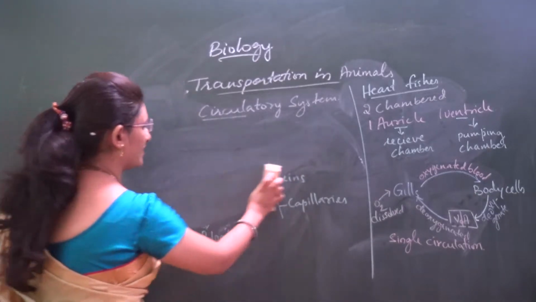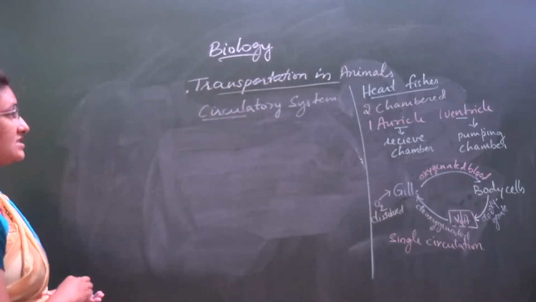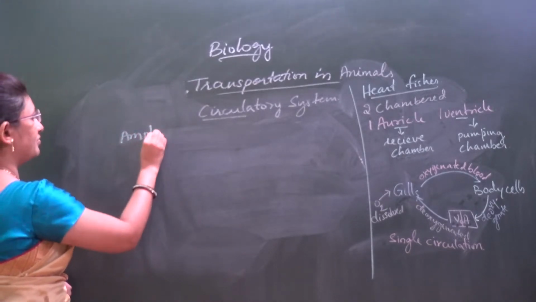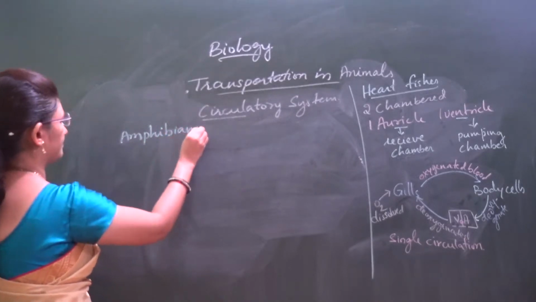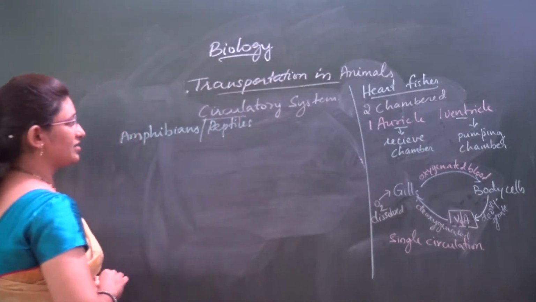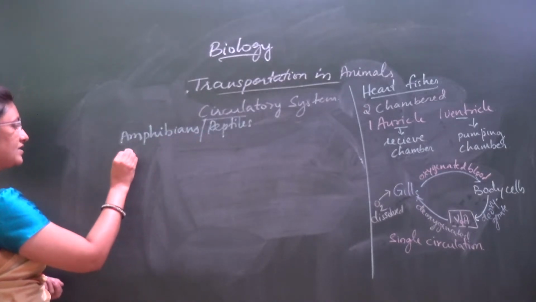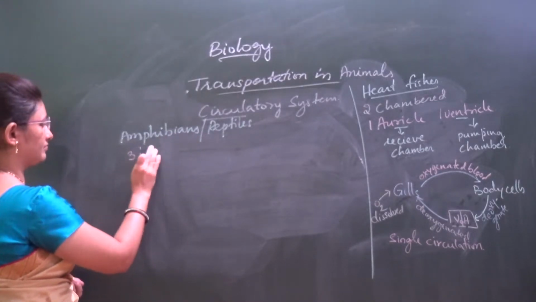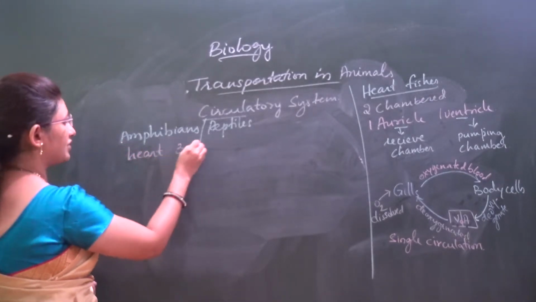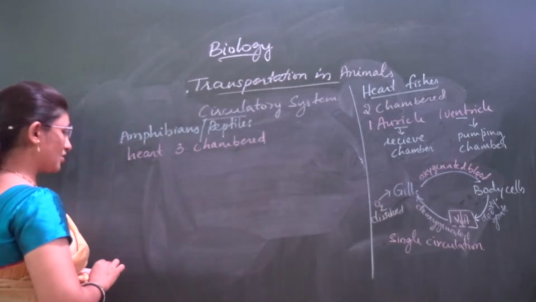The next we come across is, in case of amphibians and reptiles, how is the process of circulation carried out? In case of amphibians and reptiles, the heart is three-chambered. What is it consisting of?